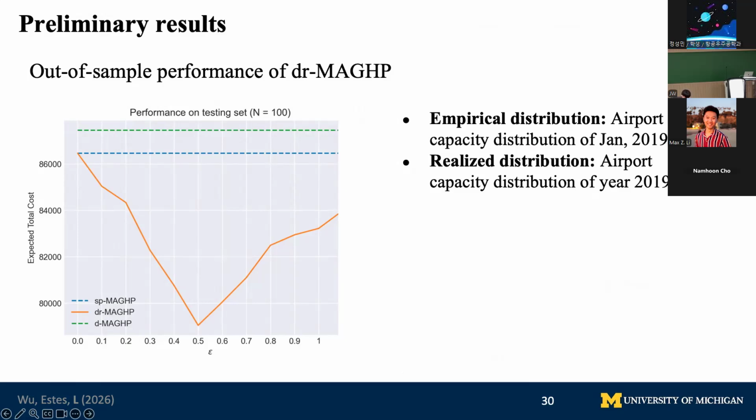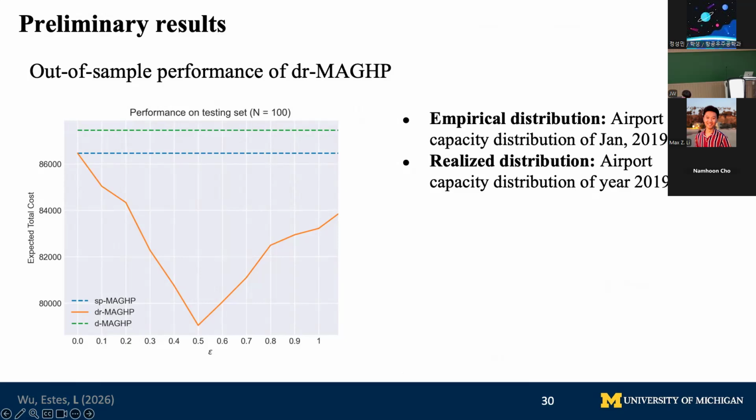But as you expand the ball, you see that the cost decreases. Where is this cost decrease coming from? This is the cost decrease that you get because, for this data, this is using data from 2019 across the whole US. On this day, if you expand your ambiguity set, you're capturing distributions that more resemble what actually happened on that day. And you are proactively assigning ground delays to flights that would have occurred earlier.